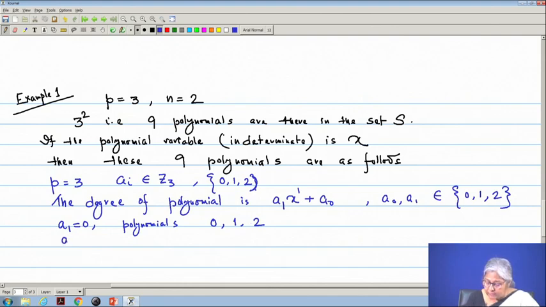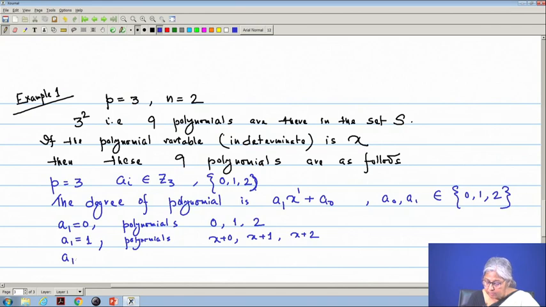Now, if I get a1 equal to 1, we get the polynomials x plus 0, x plus 1, x plus 2.